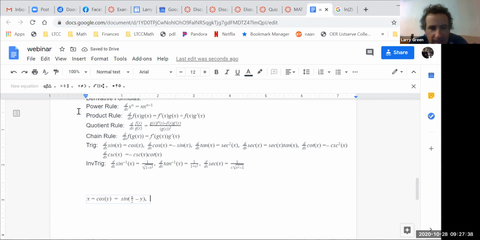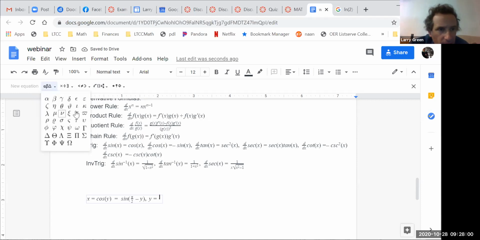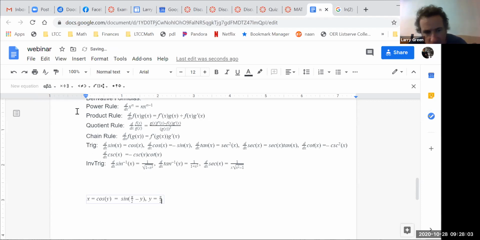And then if we solve for y, we take an arcsine, and you get the arcsine of x is pi over 2 minus y, or y is pi over 2 minus the arcsine of x. So y equals pi over 2 minus the arcsine of x.